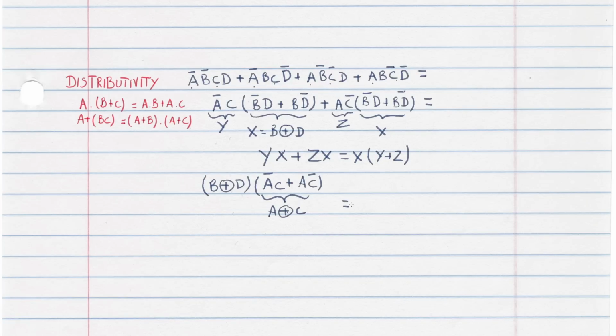So the simplified expression for this Boolean expression is B XOR D and A XOR C. The sign of XOR is a plus, a circled plus. And there you go.